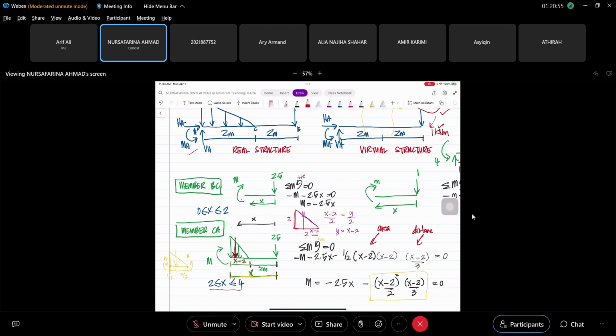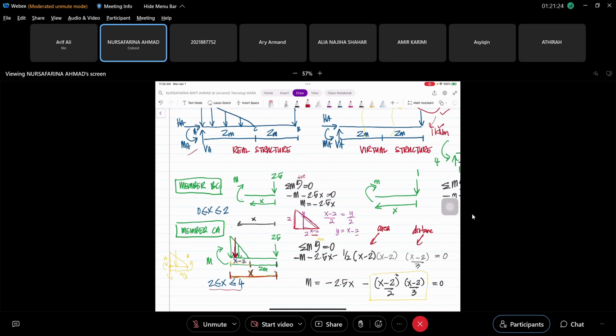Alright, so I assume everything is x. Yang you cut tu semua adalah x. So I tahu nilai triangular tu hanyalah x minus 2 saja. So that's why I'm using the ratio, and I will get y equal to x minus 2.